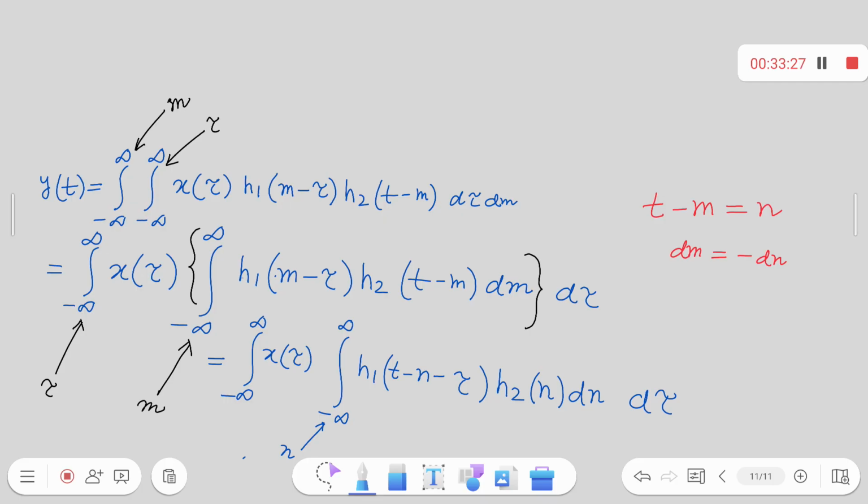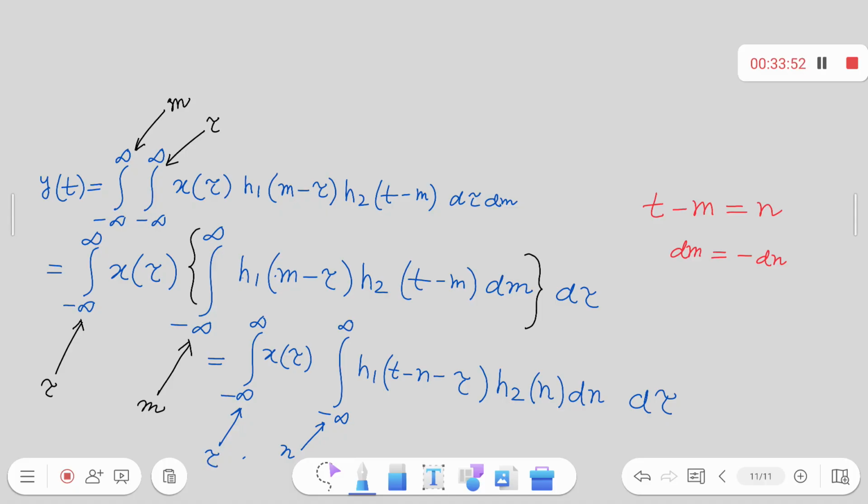Any problem in understanding? Just the change of variables, nothing more. Take time to absorb the concept. Just simple integration and change of variables, both there. The first integration, once again, is for tau. This limit is for tau, and this is for n.